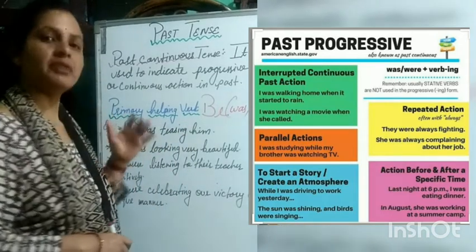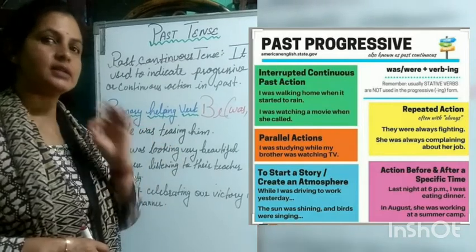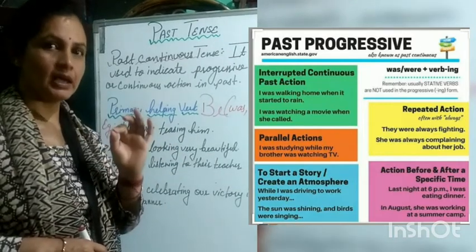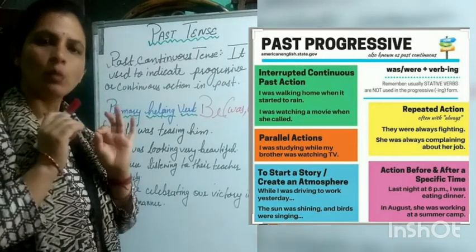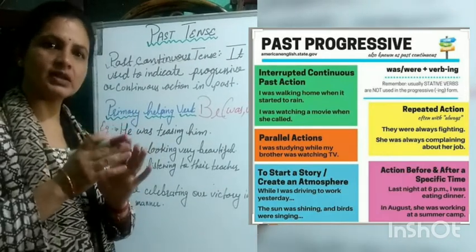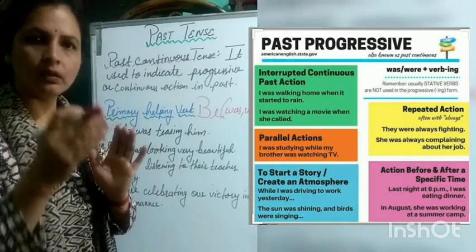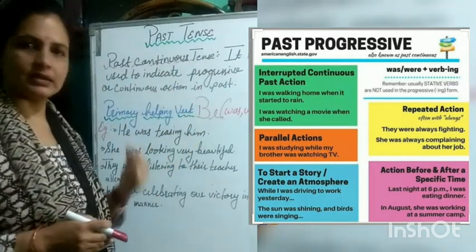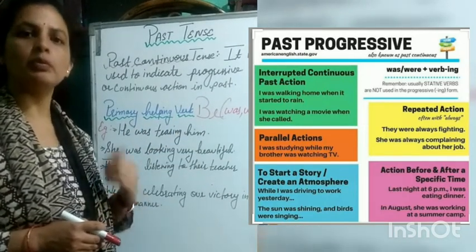The helping verb used in past continuous tense is the primary helping verb "be", but we do not use "be" here. Why? Because it is past tense, so we use the past forms of "be", that is "was" and "were". "Was" is used with a singular subject, and "were" is used with a plural subject.